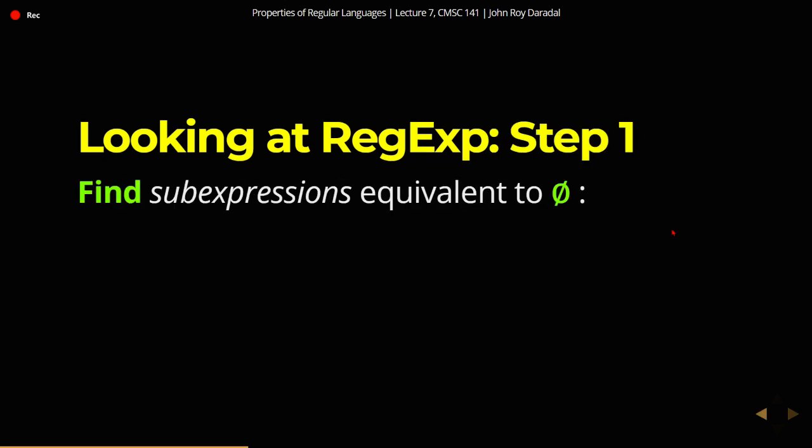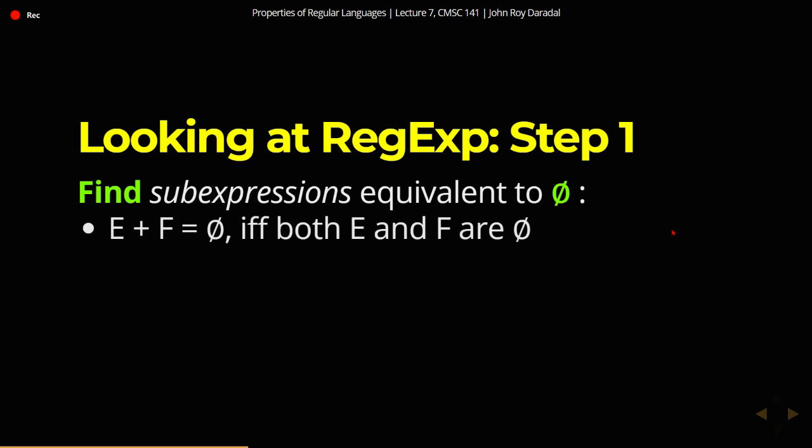Okay? So first, we need to also simplify the regular expressions to remove those expressions that could be tricky, right? So it might be misleading to say that because there is a Kleene closure in that expression, it's automatically infinite. So first, what we'll need to do is find sub-expressions that are equivalent to null.